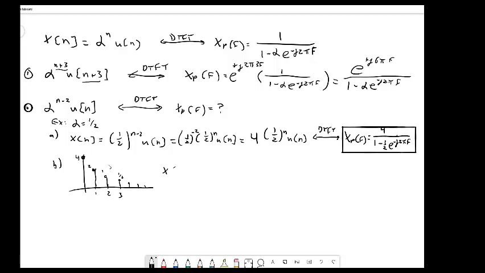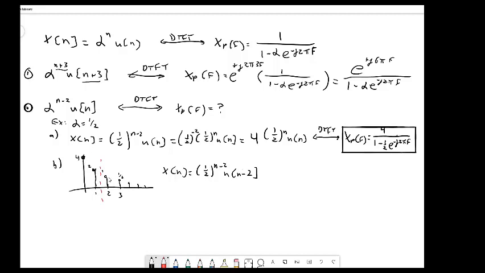Now that's equivalent to the 1/2 to the n minus 2, u of n minus 2, a fully shifted version of it. Which would account for everything up to this point. So to get this n equals 2, n equals 3, n equals 4, to get all of these points.